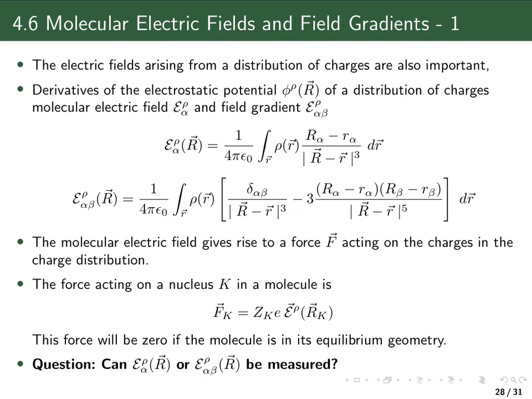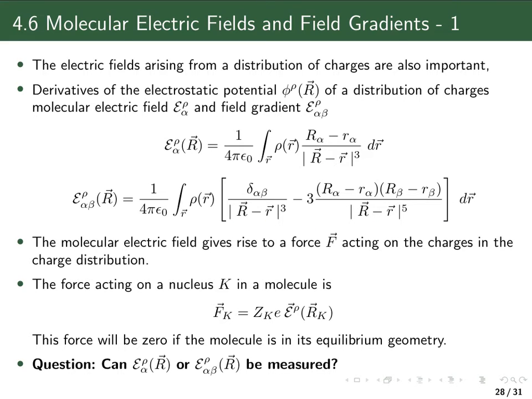And generally the question is now, can we measure the electric field at some positions in the molecule, the electric field or the electric field gradient? The electric field gradient is an integral over the charge distribution of a molecule multiplied with this term here.